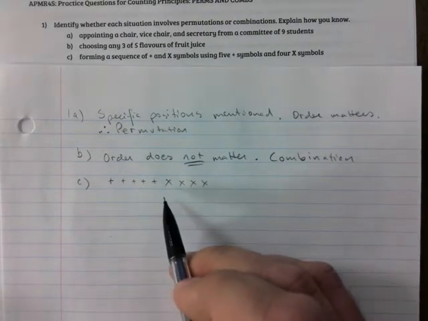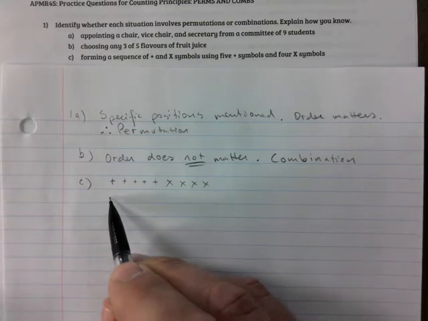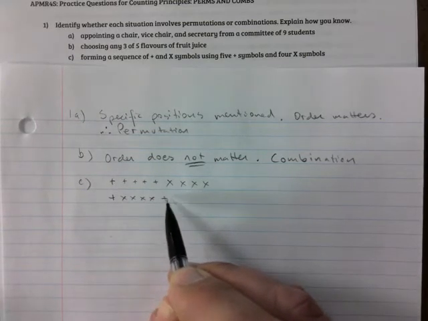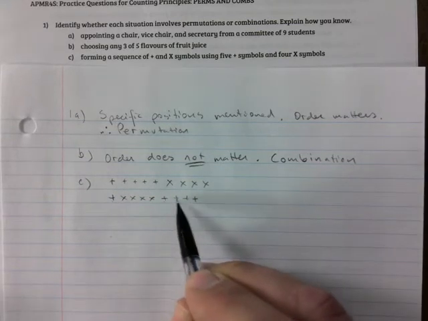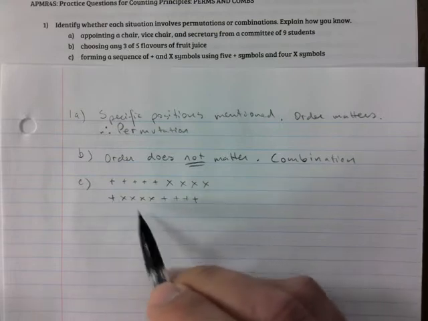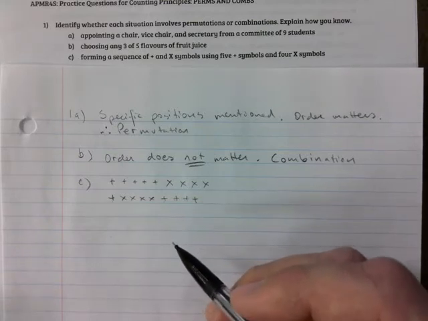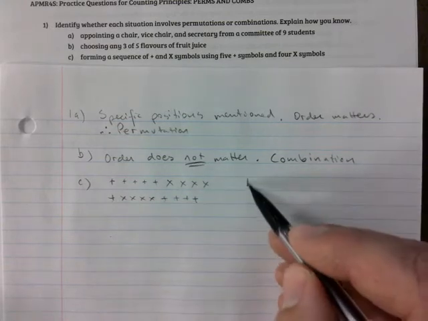Permutation or combination? It does matter in which order I put them in. It's a different code, doesn't it? But there's a bit of a curveball in there. What do we have to consider?